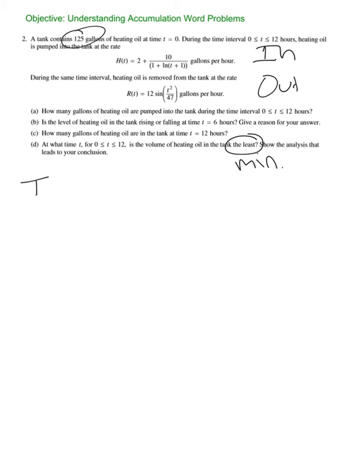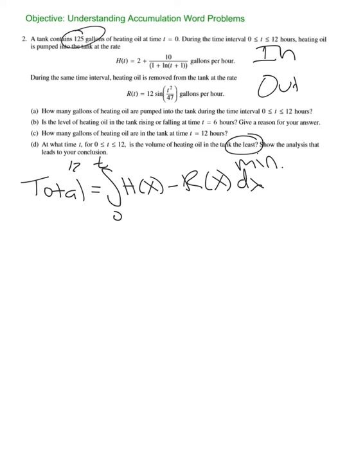So my total, the total amount of heating oil, equals the integral from 0 to T, H of X minus R of X. All right. So to find the total amount, it's going to be the in minus the out, and then plus the initial, right?